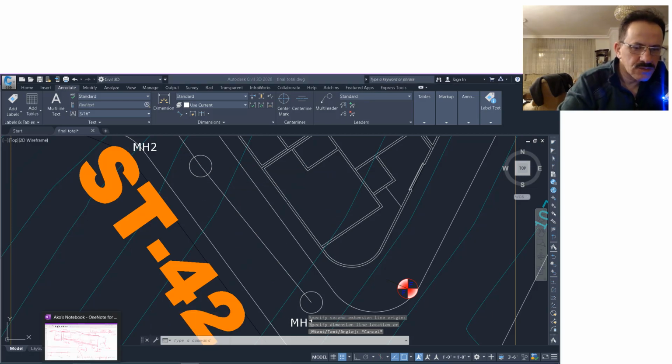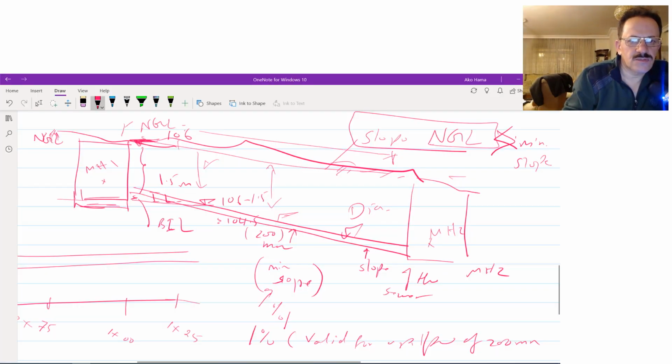So I have to have here 17.8, and I multiply the 17.8 length by 1 percent.